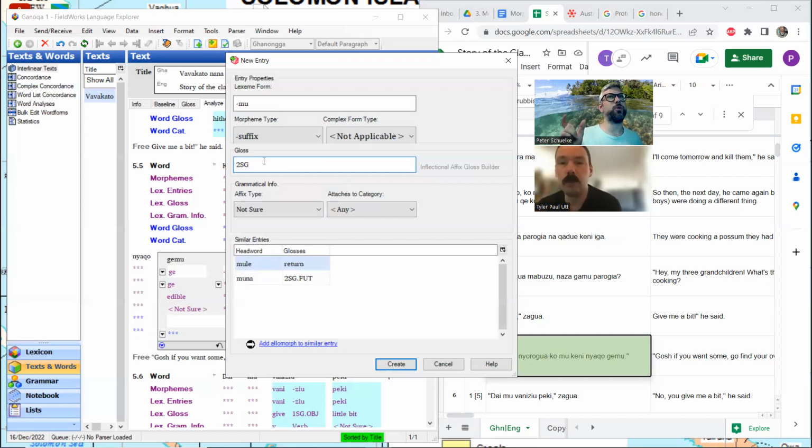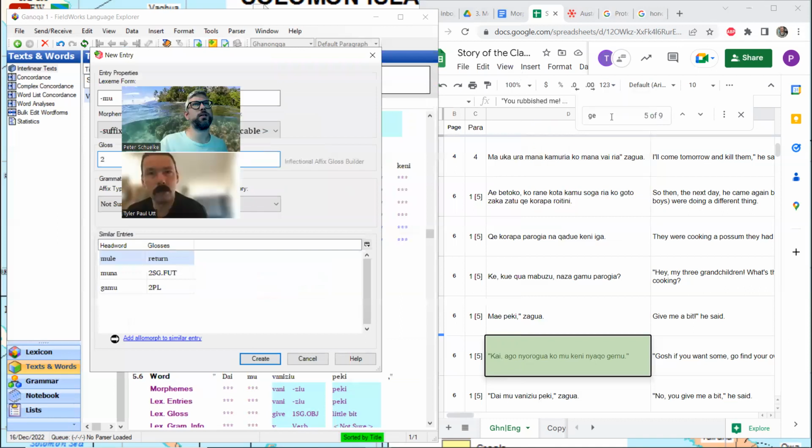So I believe that gamu is preserving the historic second plural, and that in a lot of the grammatical function words, it's second singular. But I'm happy to put it as 2 for now. Now you notice we get it also as a standalone particle, like we get gay, we get mu by itself. Let me go ahead and show this right quick.